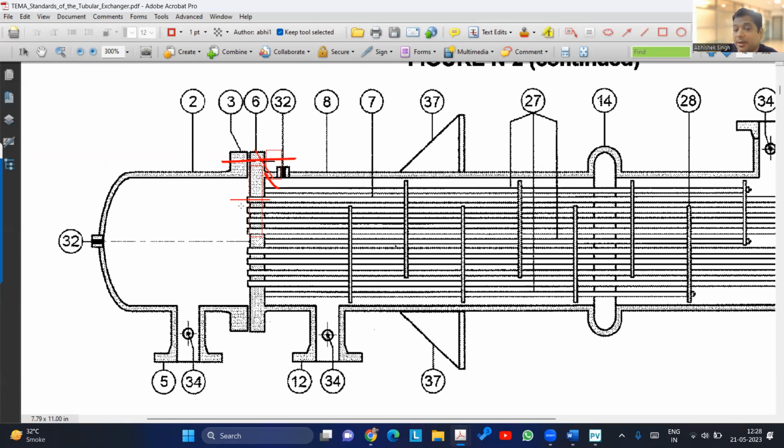Clear? If I don't weld it, then this path is not getting checked. The gasket is the most stringent leakage path, even more than tube to tube sheet.